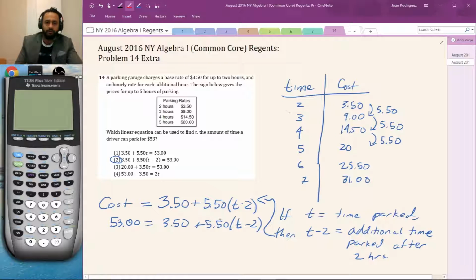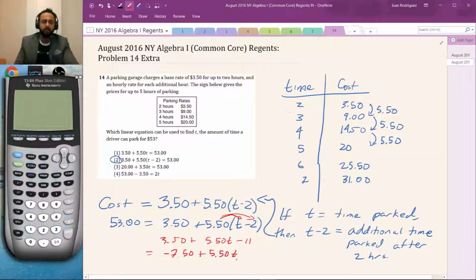We can literally use the distributive property. 3.50 plus 5.50t minus 11. And so it can definitely appear as 3.50 minus 11, which is negative 7.50, plus 5.50t.